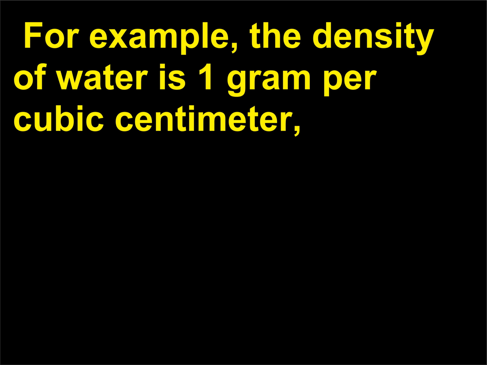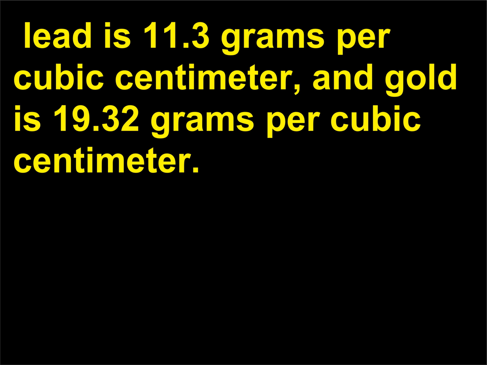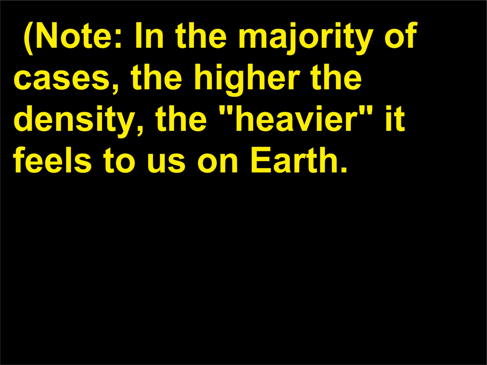For example, the density of water is 1 gram per cubic centimeter. Lead is 11.3 grams per cubic centimeter, and gold is 19.32 grams per cubic centimeter. Note, in the majority of cases, the higher the density, the heavier it feels to us on Earth.